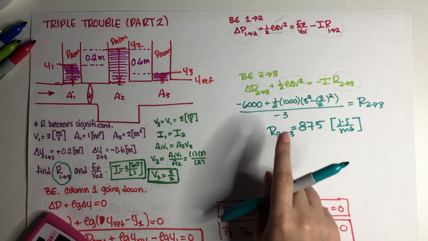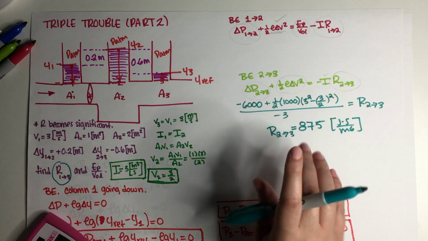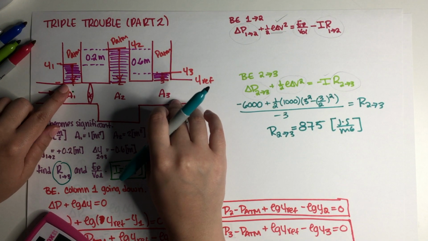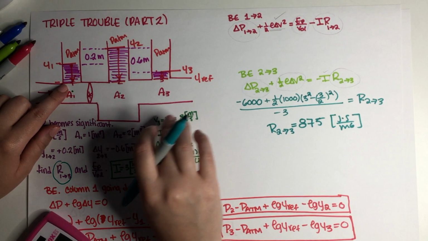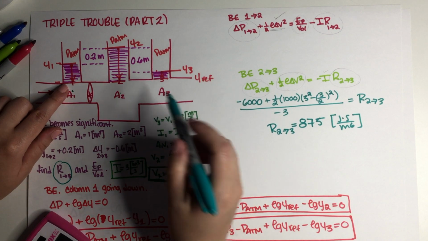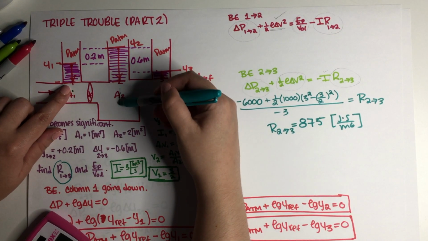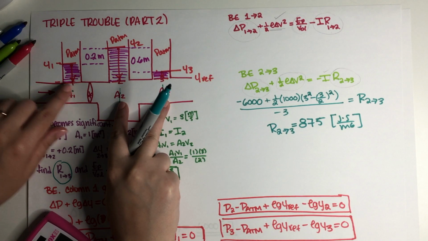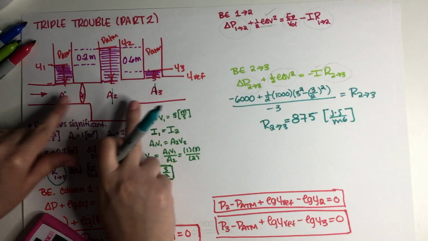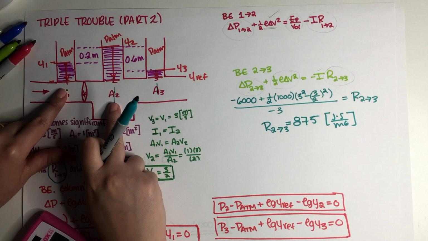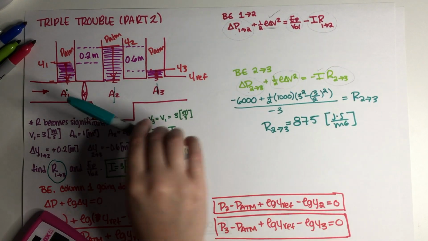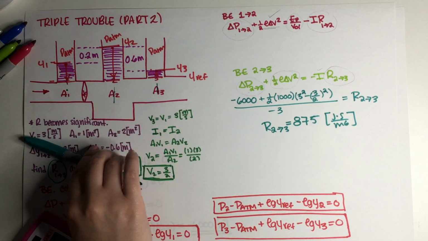However, the problem is saying that all of these pipes are equidistant to each other, and it is also saying that resistance is uniform throughout the pipe. So if the resistance from this point to this point is 875, and this distance is equidistant to this distance, then the total resistance is just double that, because it's double the length.